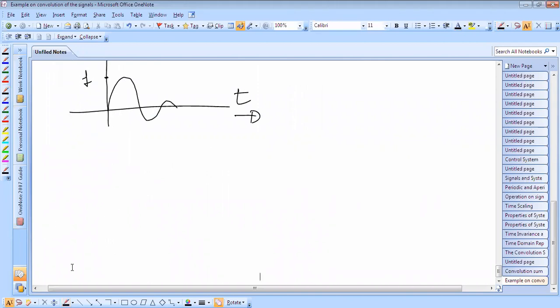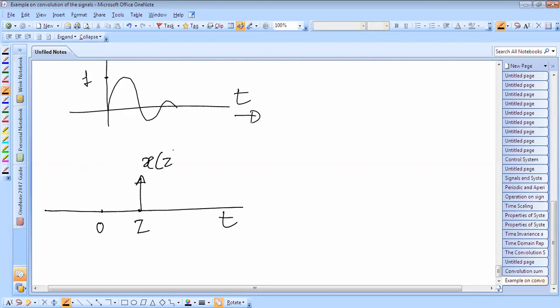If it is time shifted, the impulse is at tau, with amplitude x of tau, and this is at the origin. This is x of tau into delta of t minus tau.